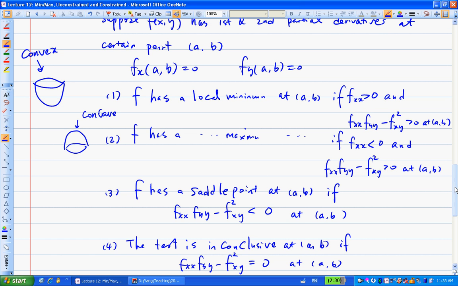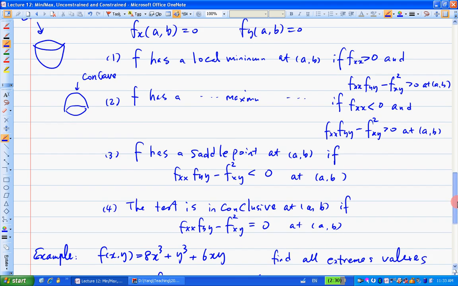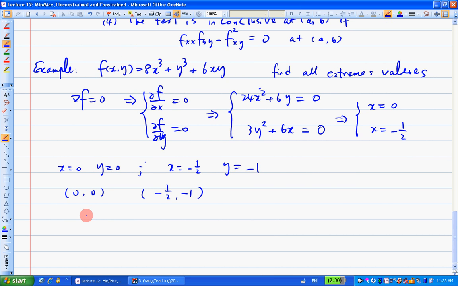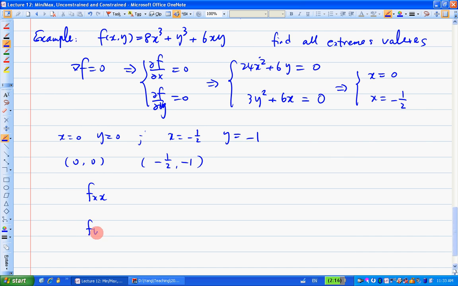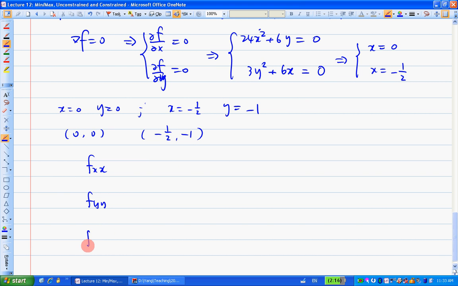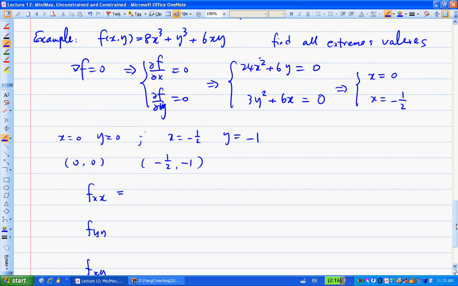What do we need to calculate? We need to calculate f_xx, and we also need to calculate the quantity of this one here. So we need to calculate f_xx, f_yy, and f_xy. Three quantities here. f_xx is going to be calculated based on the results over here.